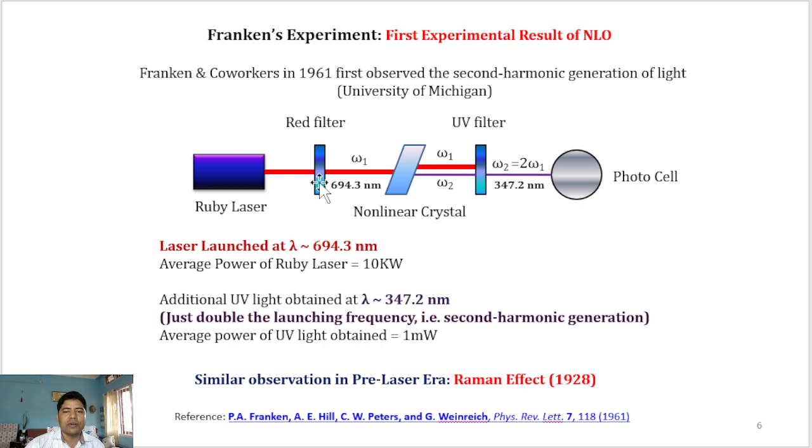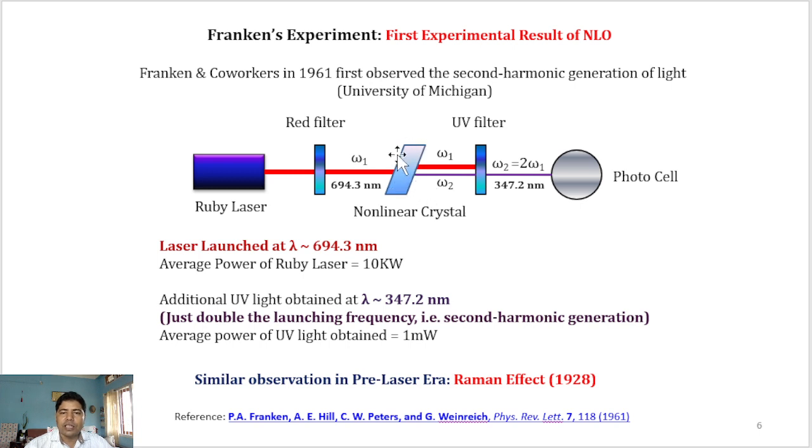Ruby laser light of frequency omega 1, which corresponds to a wavelength of 694.3 nanometer, was launched, and a red filter was used. From a ruby laser, many other lights can also be produced. To stop those other lights, we use a red filter, such that only red color of this wavelength can pass through. Then it was launched to a nonlinear crystal.